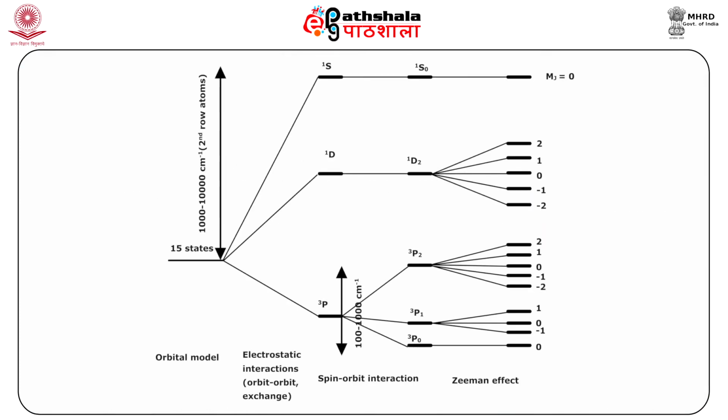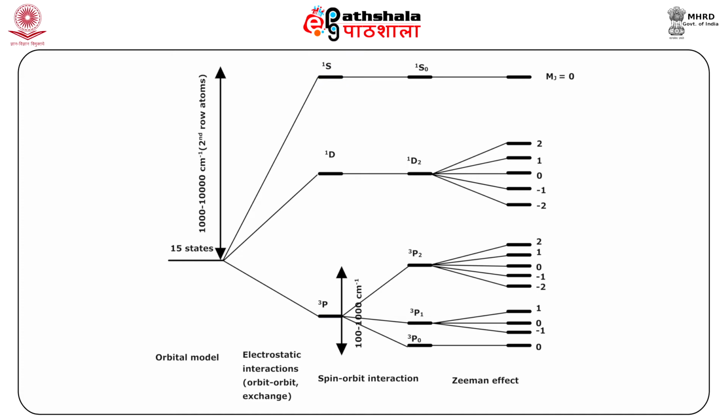In the figure we have shown that in the orbital model there are 15 states which have the same energy, and due to electrostatic interaction, that is orbit-orbit, exchange and so on, it is split into 3 levels. 3P is the lowest of all the energy levels, then you have 1D and then you have 1S.